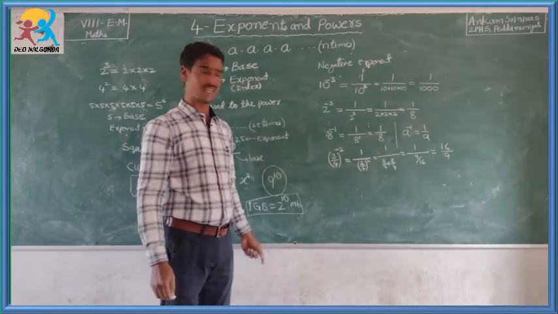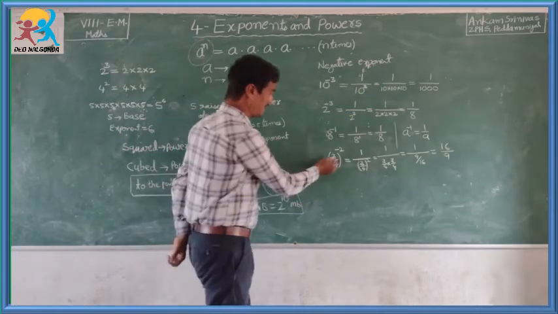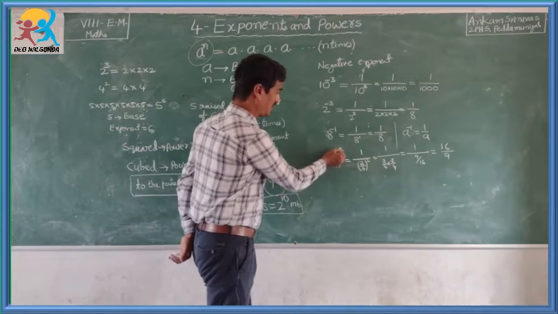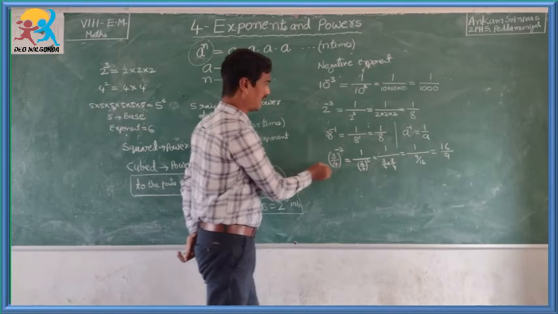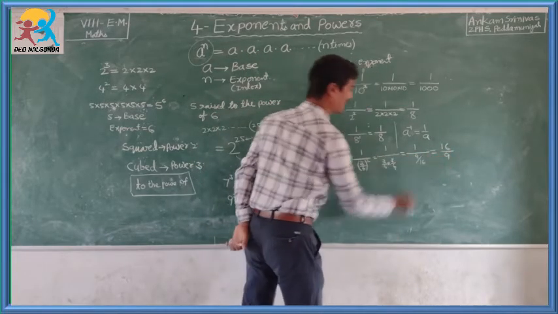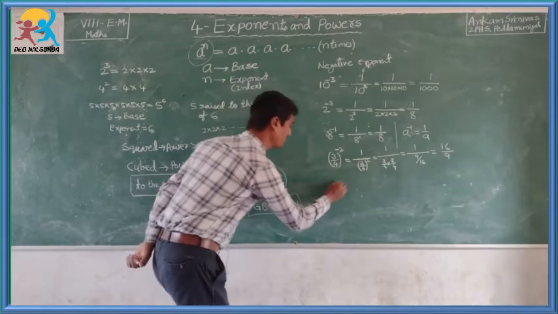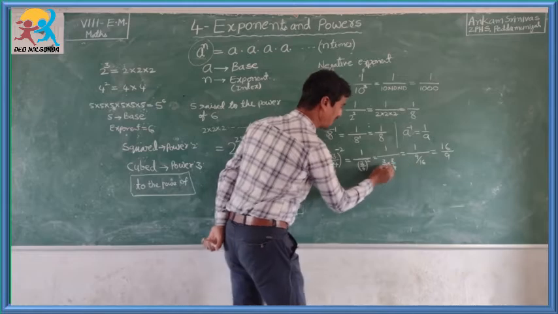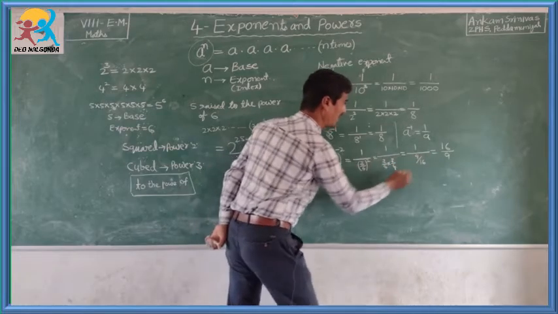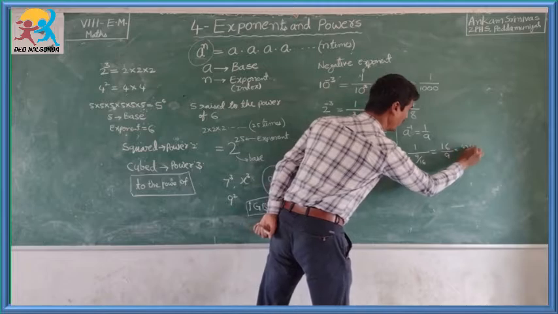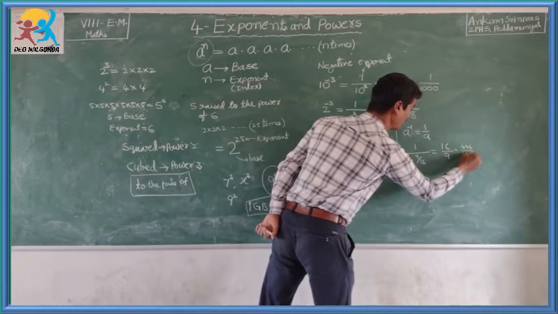16 by 9. So here if you observe this one, 3 by 4 power 2 was written, and we got the answer 16 by 9. That means 3 by 4, 3 by 4, if I write in product form, we will get 4 into 4 by 3 into 3.